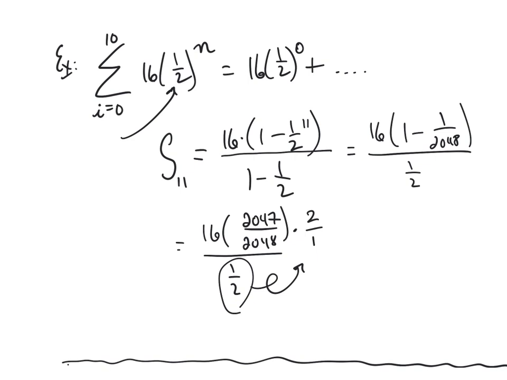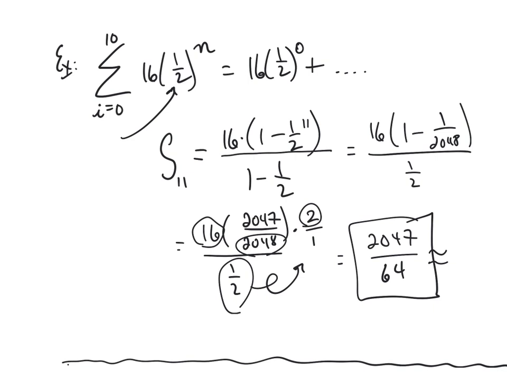I hope you'll see that we have some canceling then. The 16 and the 2 in the top will cancel with the 2048 down below. When I do that canceling, I'm left with 64. So we end up with 2047 64ths. Of course, you could punch this out as a decimal if you wish, but since it's exact, I'll leave it as a fraction.